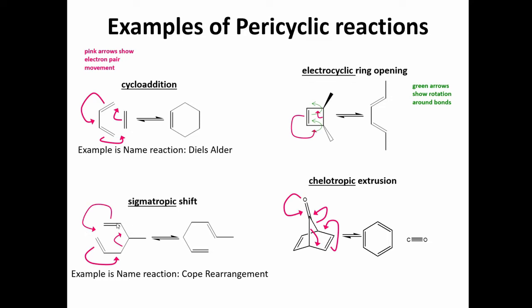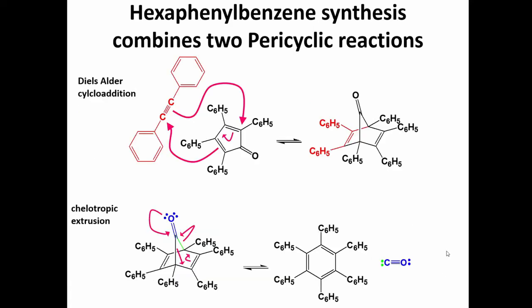In a sigmatropic shift, we move the double bonds around the cyclic structure. You can see here that the double bonds move to form this compound. And finally, in a chelotropic extrusion, we break down a bicyclic compound to form a cyclic compound and some kind of byproduct. In this case, it was carbon monoxide.